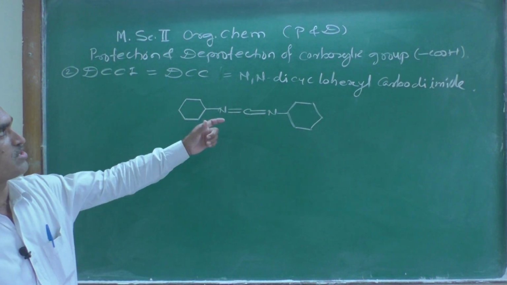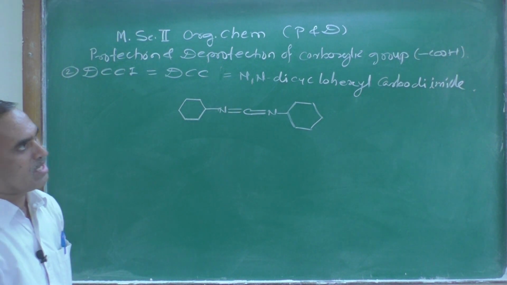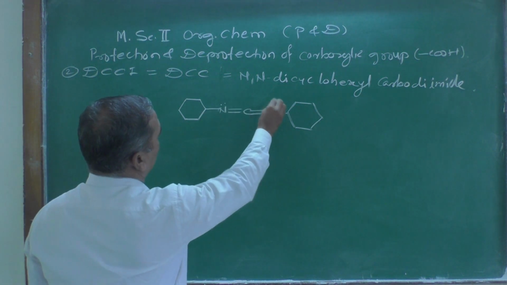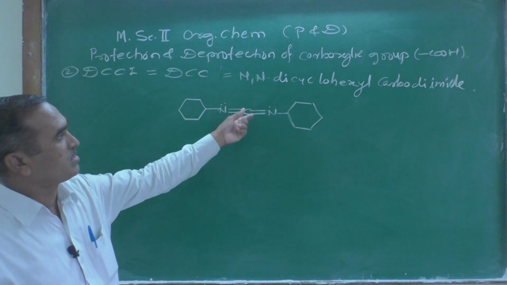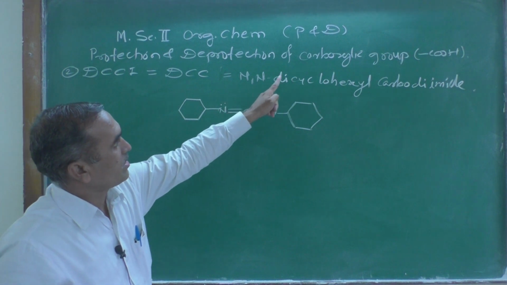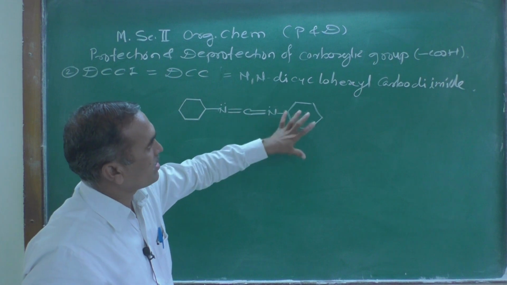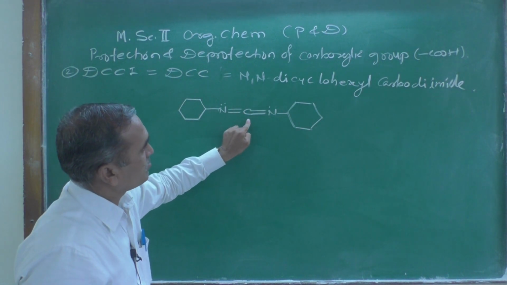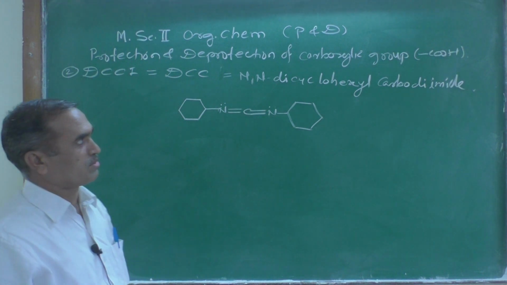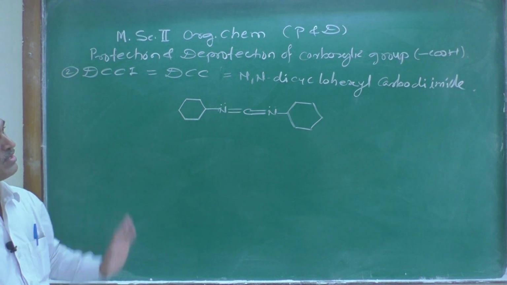So this is the structure of DCC, or N,N'-dicyclohexyl carbodiimide. There are two nitrogen atoms, and carbo means this middle carbon atom, N,N' means these nitrogens, and dicyclohexyl means the two cyclohexyl rings are there. In this way you can remember the structure.